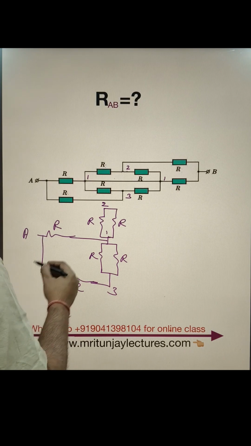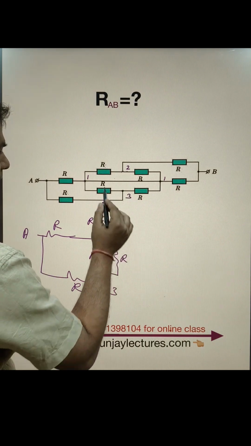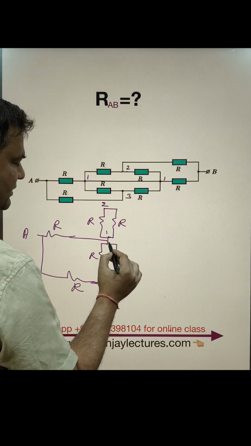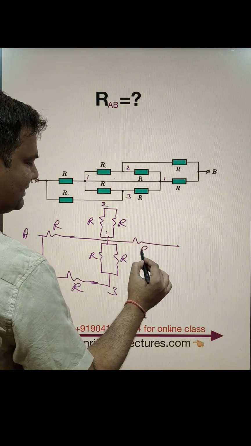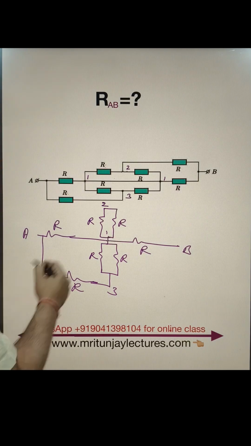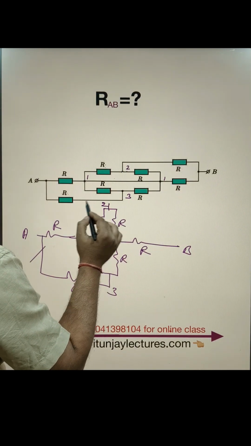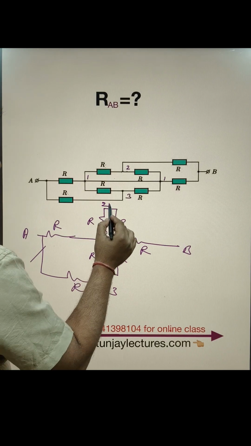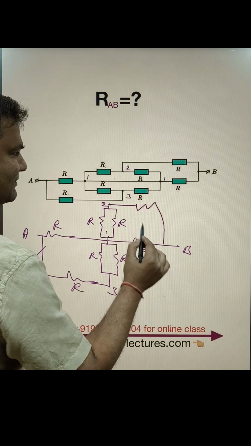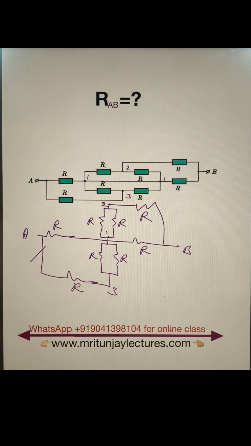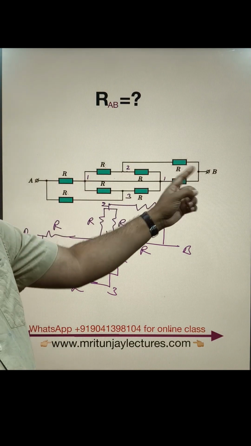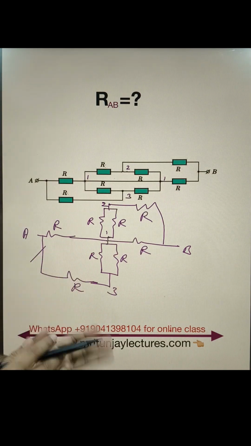After that, 2 to B and here 1 to B. So 1 to B is R, 1 to B is R, and 2 to B is also R. Clear? So 2 to B and 1 to B are connected like that one.